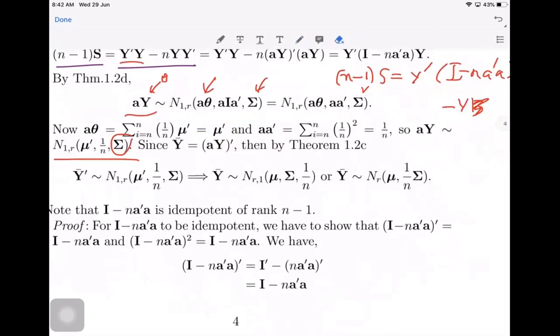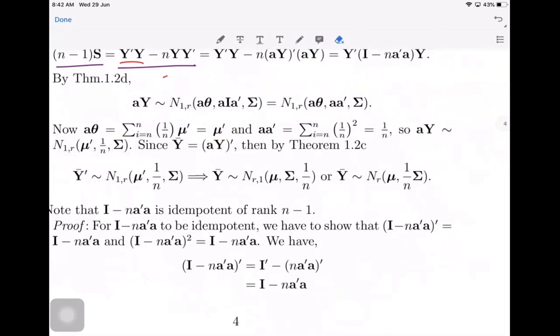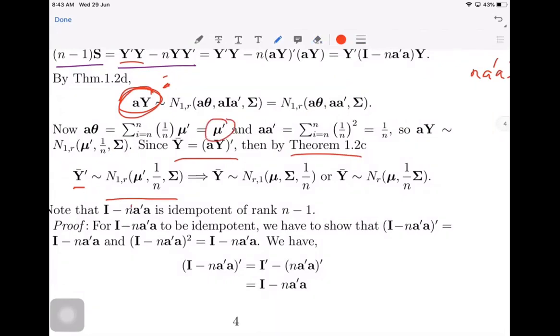Now, since the y bar with respect to A prime will be equal to AY prime, if we get the transpose of AY prime and apply what we have in theorem 17.2c. So mu prime man siya, may mga siyang mu prime prime, no? And that is equal to mu.